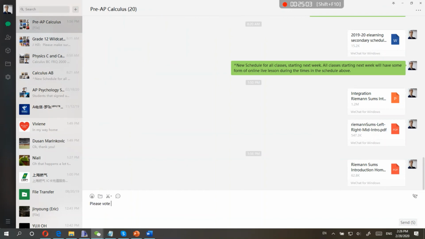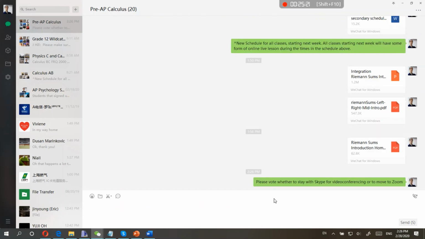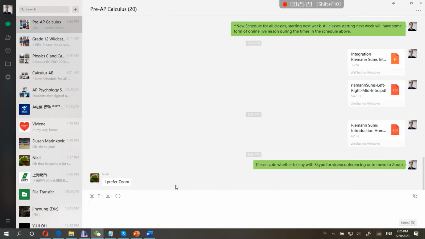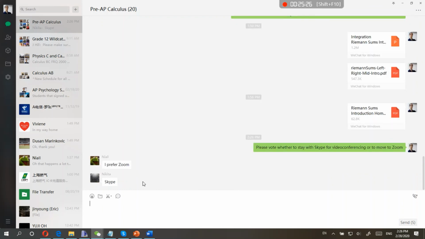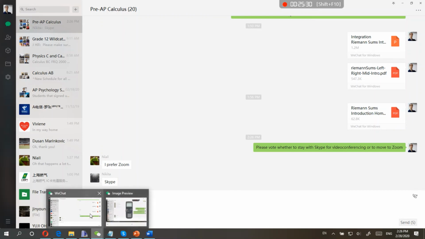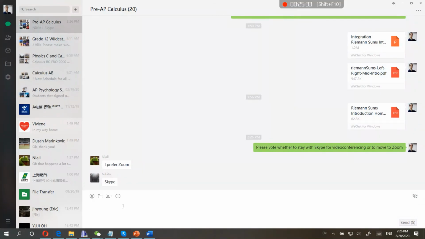Please vote whether to stay with Skype for video conferencing or to move to Zoom. Okay, so if everyone can post in the WeChat group really quick.